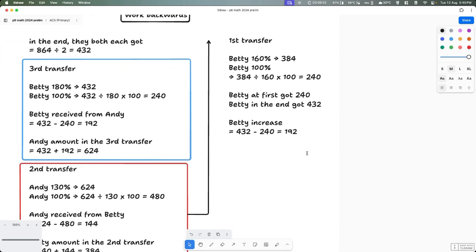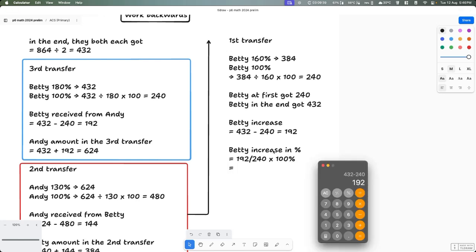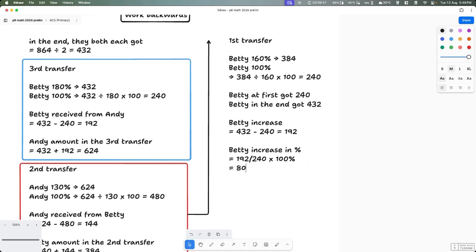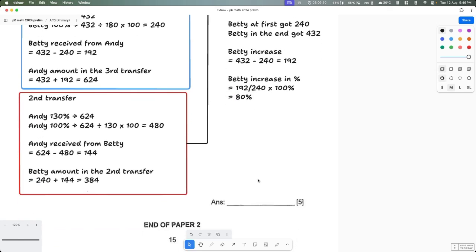Betty at first, 100%, is equal to 240. So Betty's percentage increase is 192 divided by 240 times 100%. This will give us 80%. So the answer to this is 80%.